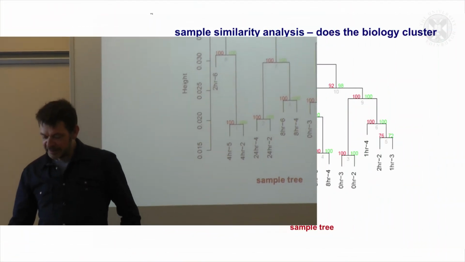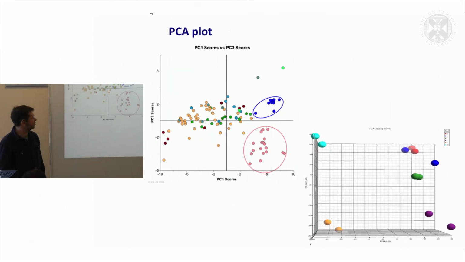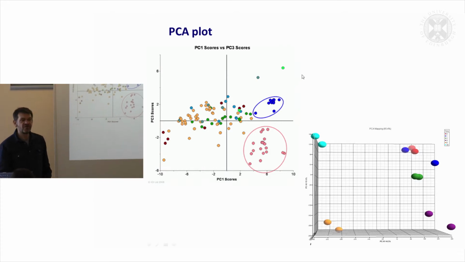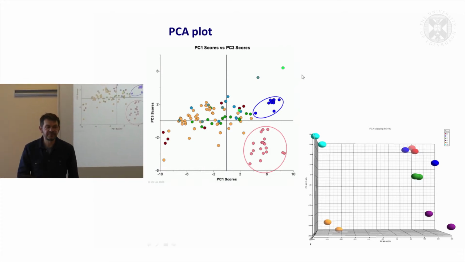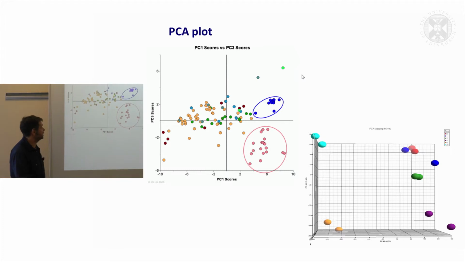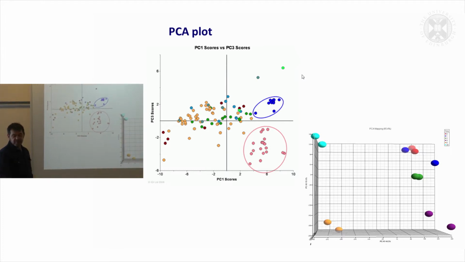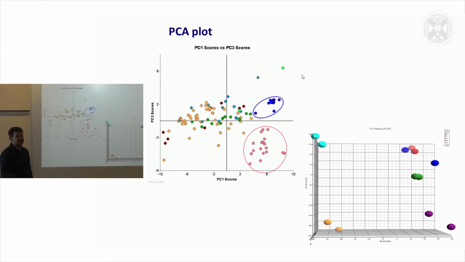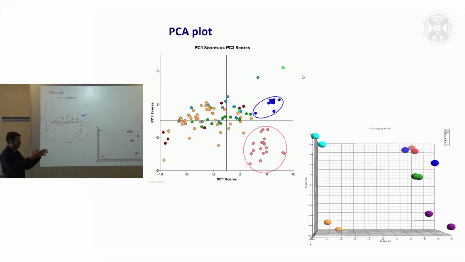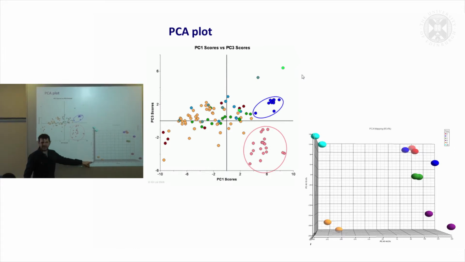There are a number of ways of doing this. The sample tree is just one of them. What you'll often see is this PCA plot, principal component analysis. Most people don't really understand how it works, but basically it's a way of grouping samples together by the biggest movers in the data. But there's all this nonsense where you can do PCA1 versus PCA3. If you use Partek software, they're very proud of their 3D PCA plots.